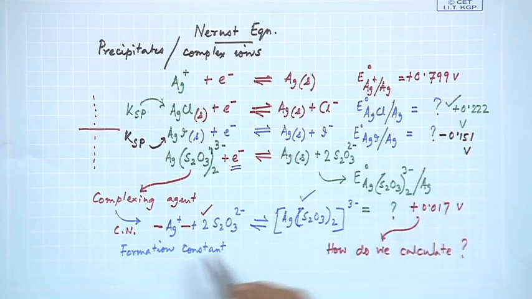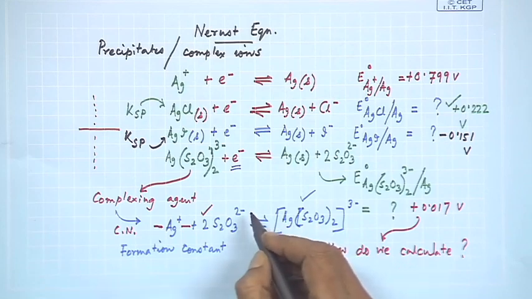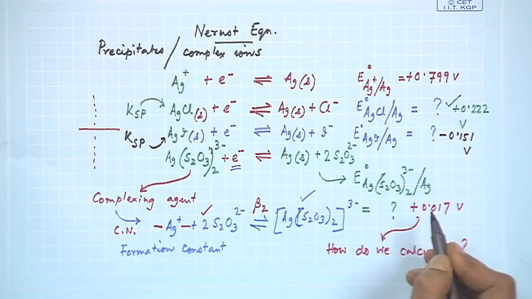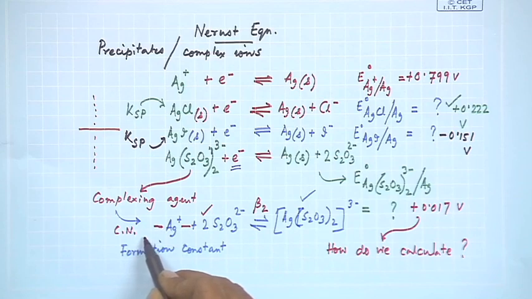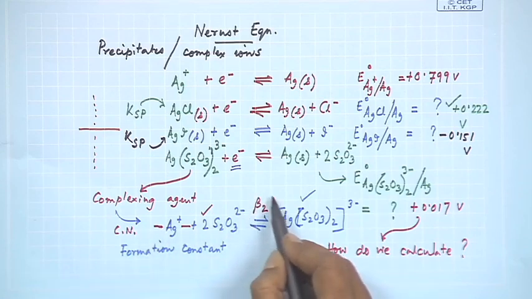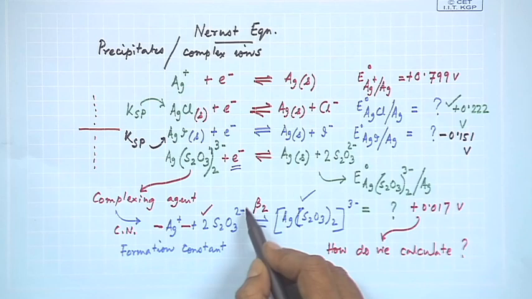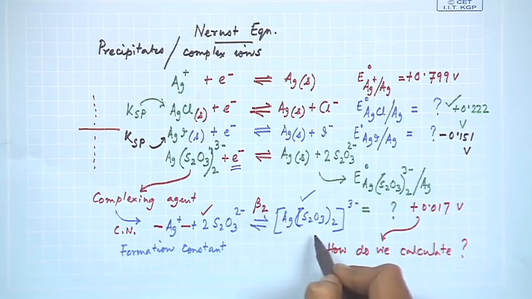So, the overall formation constant is considered as beta 2. If we have a step K1 for the first attachment and K2 for the second attachment, beta 2 is the overall formation constant for the complex ion being formed.